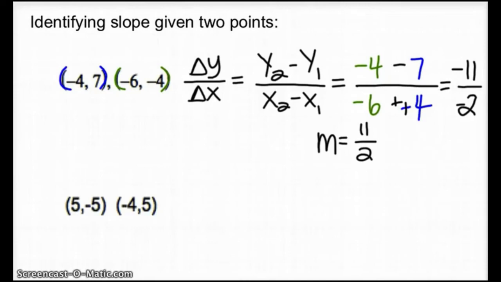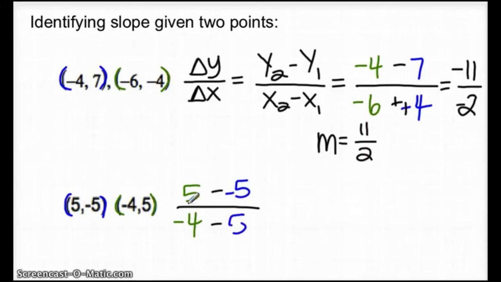I'm going to do the same thing on the second example. So I have y2 over x2, subtract y1 and x1, and I have 10 over -9.